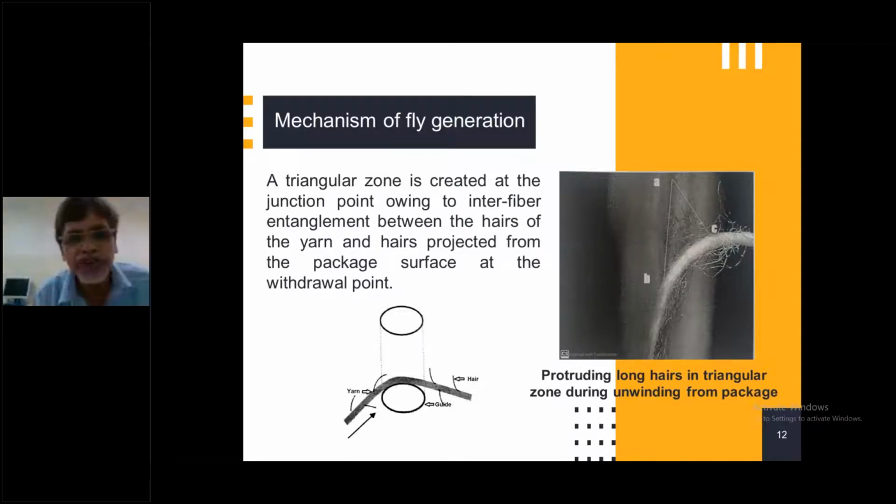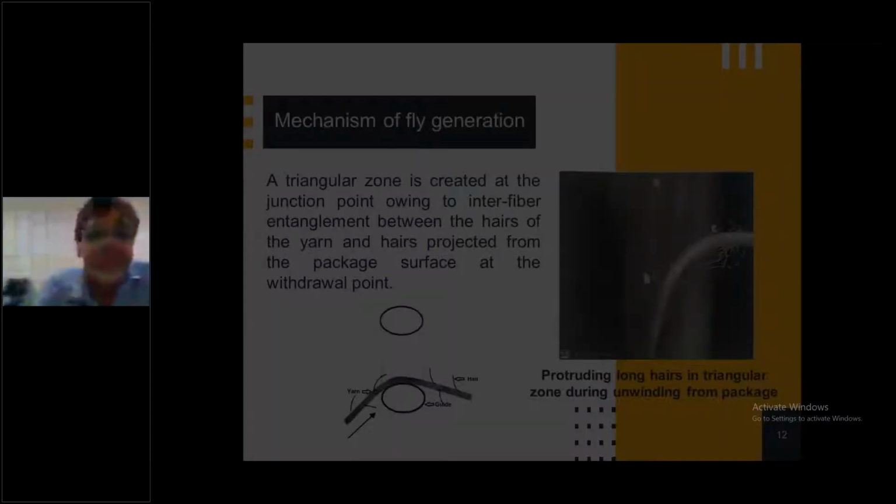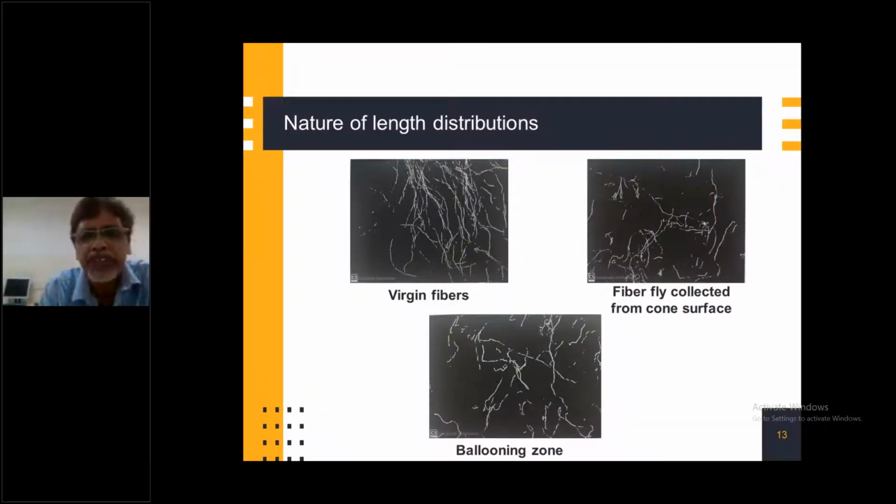So now from here let us move on to the next slide. In this particular slide, I want to show you the virgin fibers and the broken fibers, which are basically collected as fly from different surfaces, and how they look.